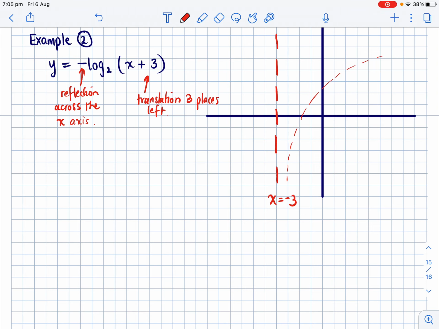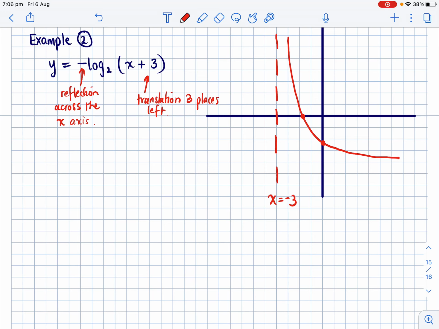But again, not only do we have the translation left, we also have a reflection across the x-axis. So if I do that reflection, it changes my graph to look something like that. I didn't think too much about where my x and y axis intercepts are. I just sketched my graph because I'm going to find those axis intercepts now.